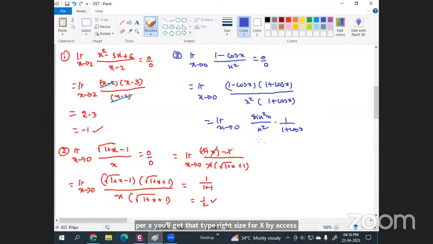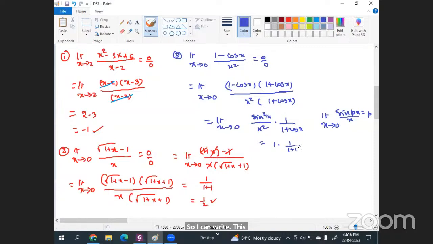So you know the formula, limit x tends to 0, sin px by x is p, standard limits. So I can write this value is 1 and this value is 1 by 1 plus 1 equal to 1 by 2.